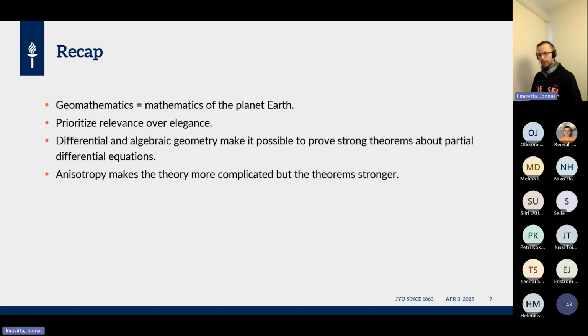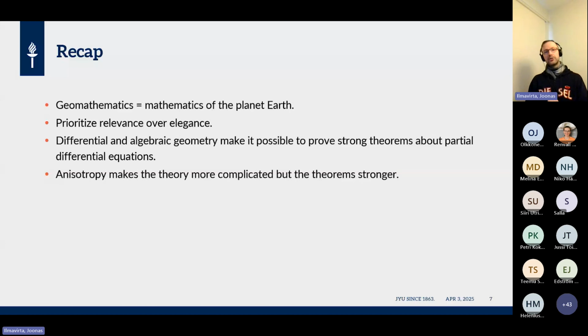Okay, to quickly recap what the basic ideas here are. I do geomathematics, which is the mathematics of the planet Earth, and so it's driven by applications, but not really directly applied. That is one of the things that shows that I want to prioritize being relevant over being elegant.